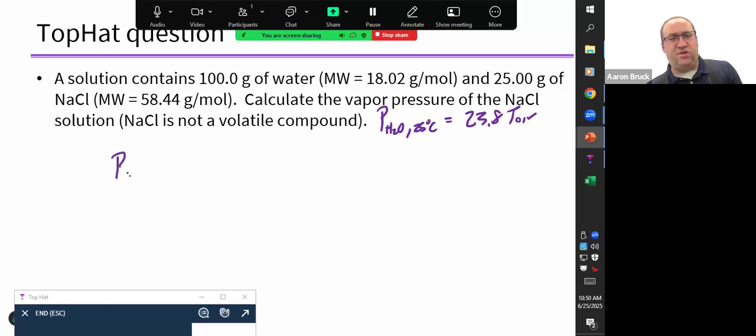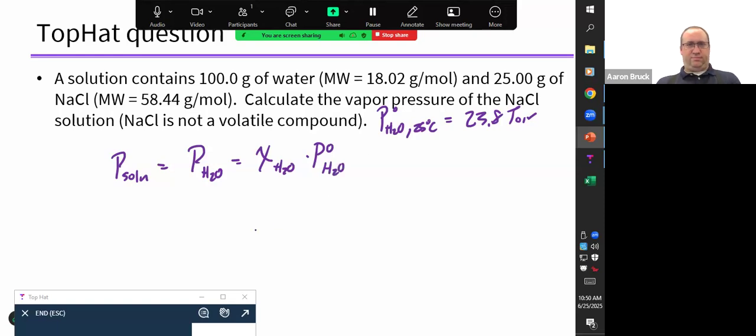So the pressure of the solution would just be equal to the pressure of the water, which would be the mole fraction of the water times its vapor pressure, which is 23.8.